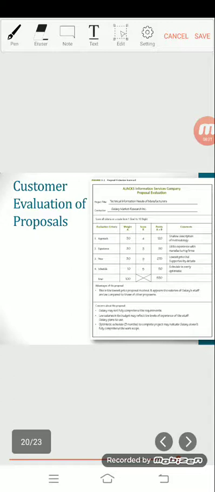There are 4 evaluation criteria, which are approach, experience, price, and schedule. The total marks is 100. And for every evaluation criterion, they have a weightage. In section B, score is the points that will be given to the organization.